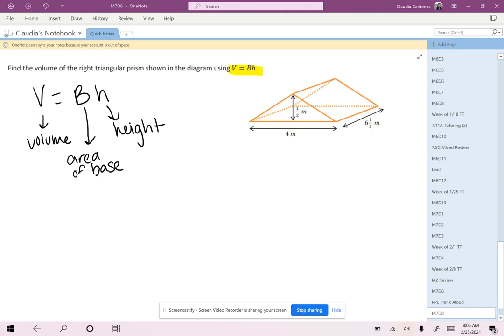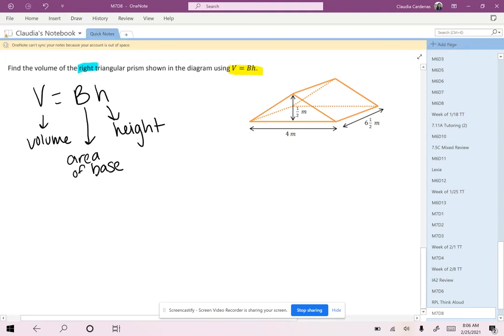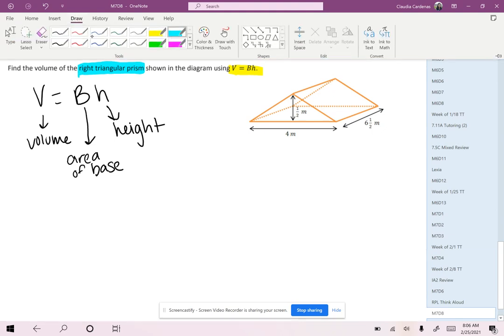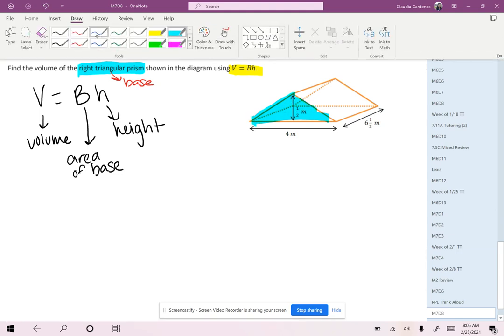Well, how do I find the area of the base? I know that the base shape is hinted at in the name of the shape itself. So when it says that it's a right triangular prism, that means this is the shape of the base. So I'm going to go ahead and highlight that as well in our triangular prism. So really what has happened is it's just fallen over, and now the bases are on its side.